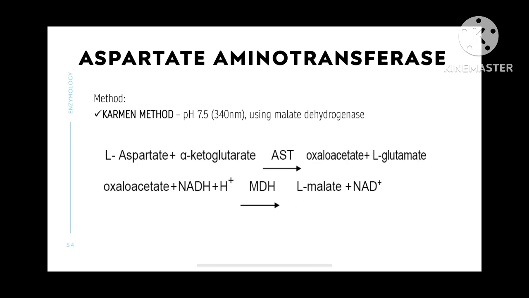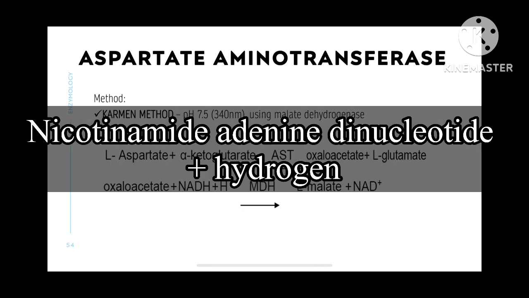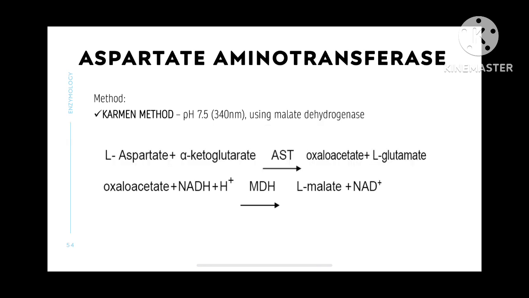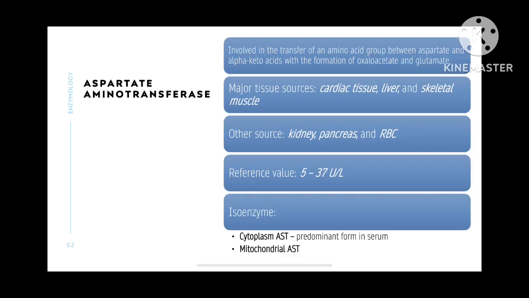The assay methods for AST are generally based on the principle of the Karmen method, which incorporates a coupled enzymatic reaction and monitors the change in absorbance at 340 nanometers continuously as NADH is oxidized to NAD+. The optimal pH is 7.3 to 7.8.